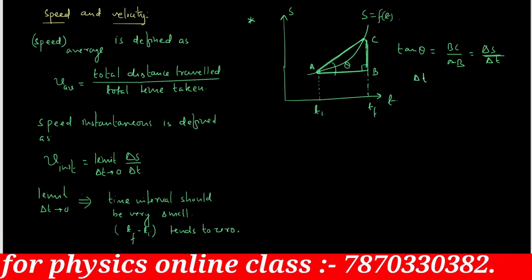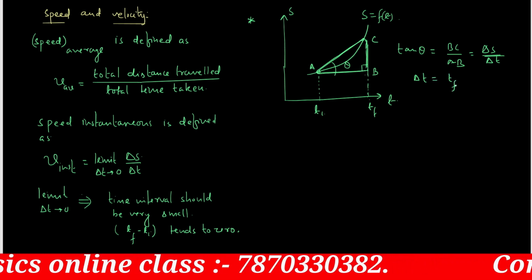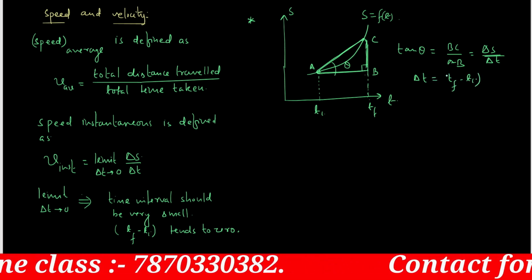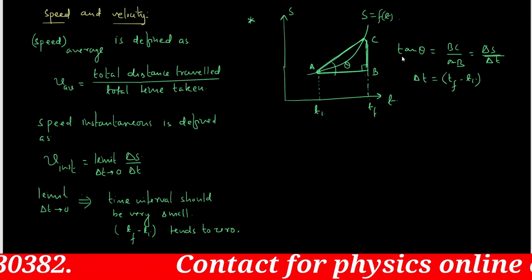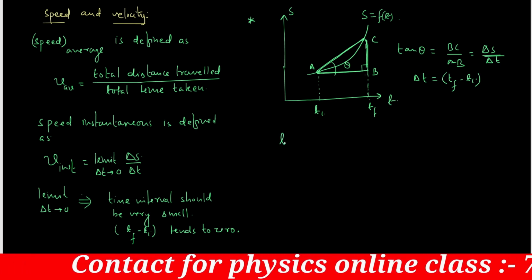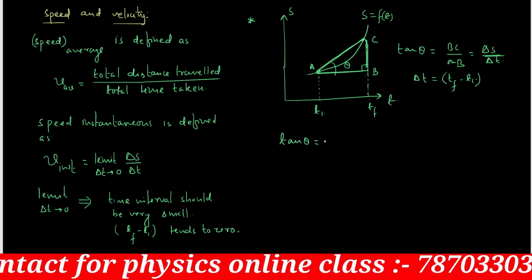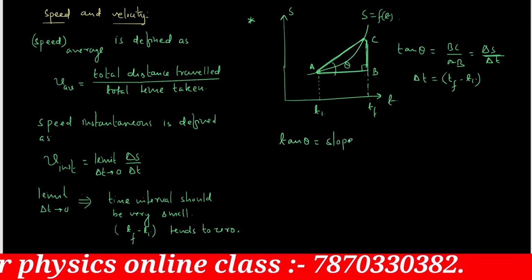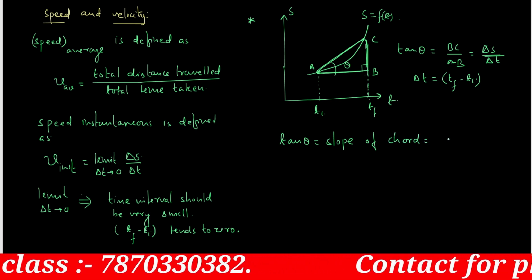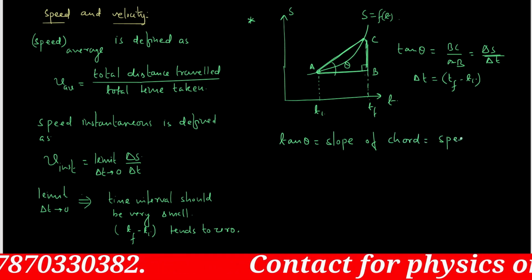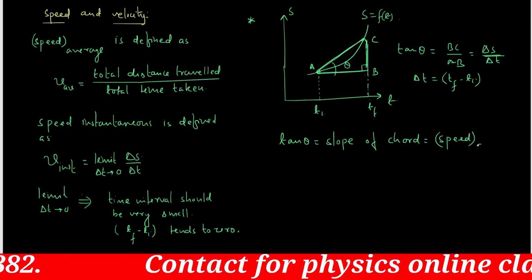This quantity, tan theta, the slope of the chord, is called average speed.